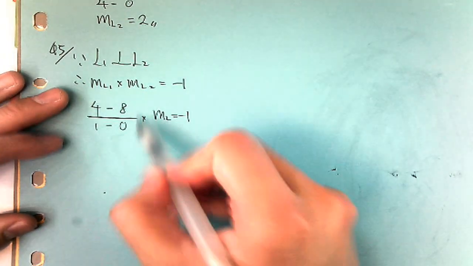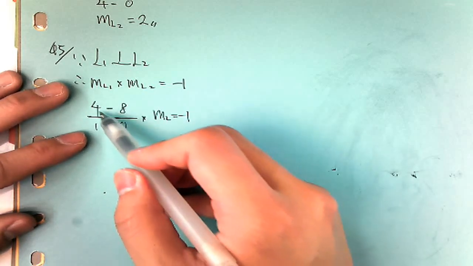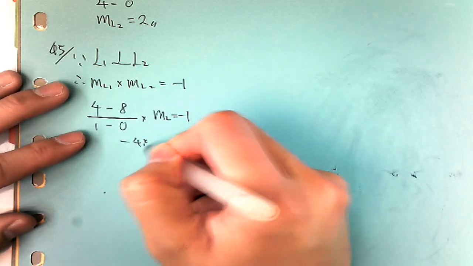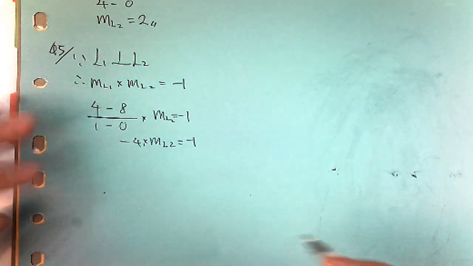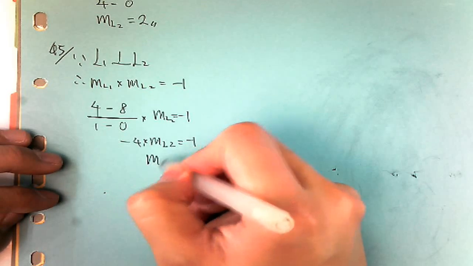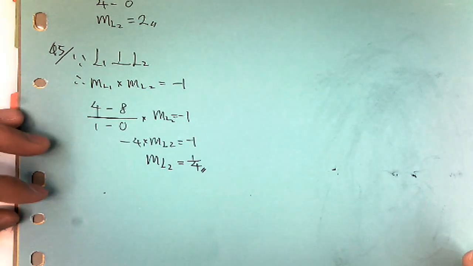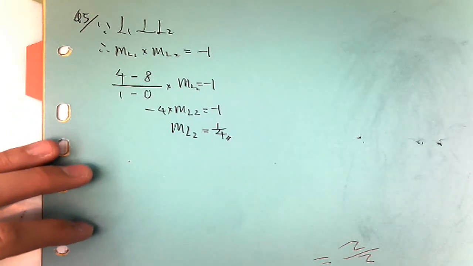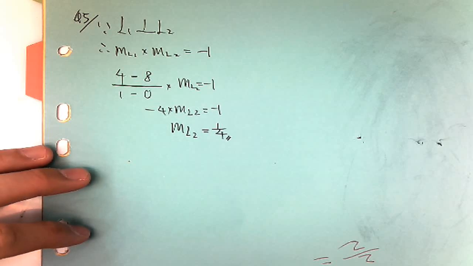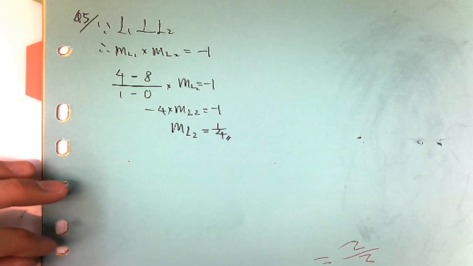So calculate this first. It is actually 1 below here, just 1, and -4. So divide both sides by -4. You get ML2 just equal to 1 over 4. That's finished. Not difficult, actually very easy. So let's move on to question 6 to question 9.